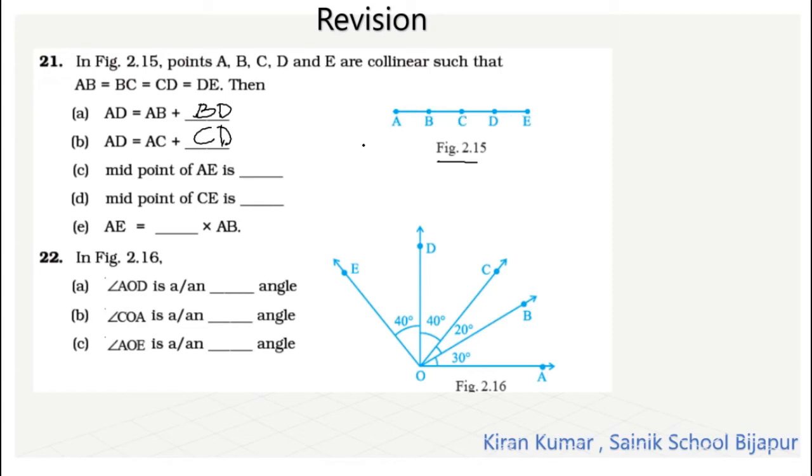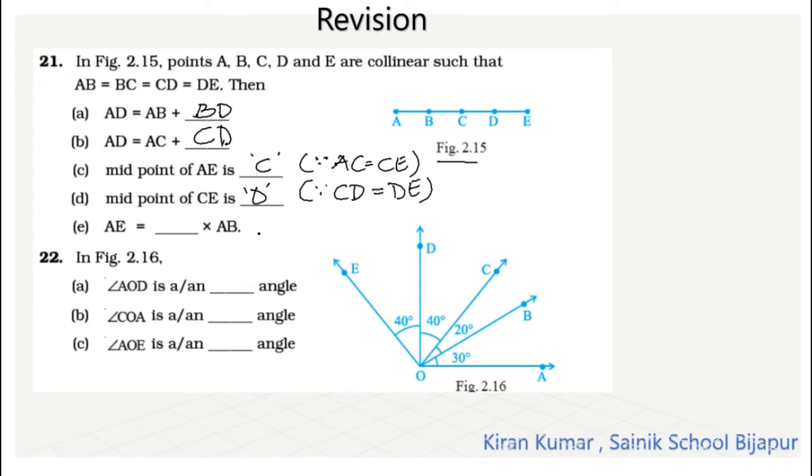Therefore, the midpoint is C, because AC will be equal to CE. The midpoint of CE is D. The reason is the length of CD and the length of DE, they are equal.